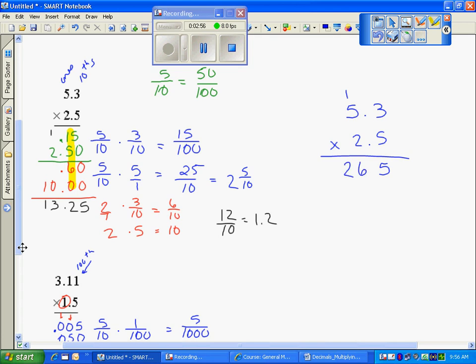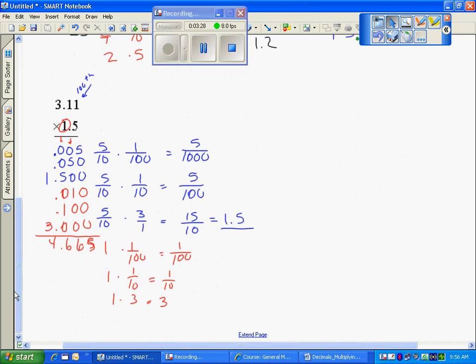To use our standard algorithm for multiplication, if you remember, we need that placeholder there. 2 times 3 is 6. 2 times 5 is 10. Adding my columns, regrouping the 1. Decimal placement: there are 2 digits to the right of the decimal, so in my answer there must be 2 digits to the right of the decimal.